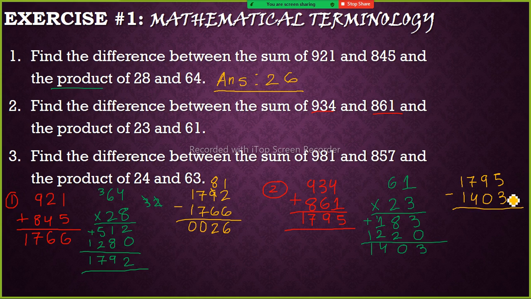Okay, so 5 minus 3 is 2. 9 minus 0 is 9. 7 minus 4 is 3. Okay, so the answer is 392.